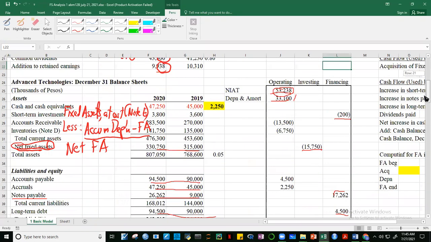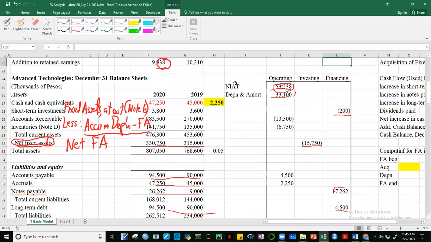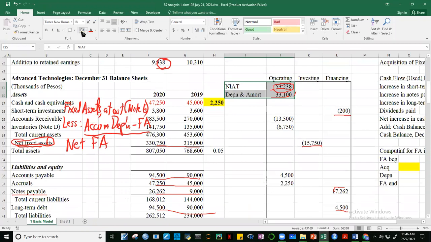Okay, serious now. The net income after tax and the depreciation and amortization are correct, guys. So I'll shade them, meaning we won't touch them anymore because they're correct. The net income after tax is right, and it's right that we adjust it, because net income after tax is not cash. Therefore, we have to adjust it by adding back depreciation and amortization.